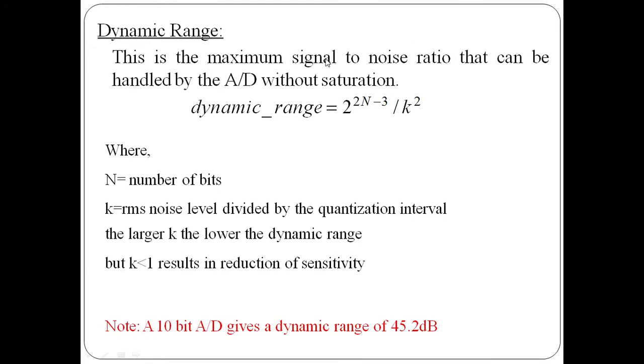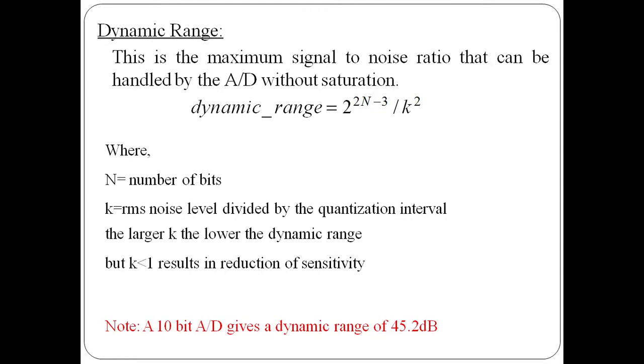If the signal strength is sufficient, then the ratio becomes considerable, and your A to D converter can handle it without any saturation. That depends upon the value of n. As k decreases, the dynamic range increases, where k in turn indicates the RMS noise level divided by the quantization interval.